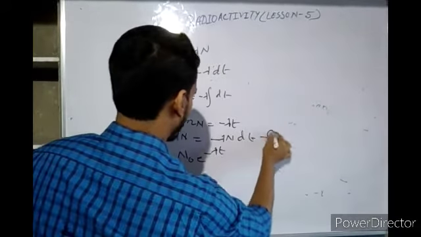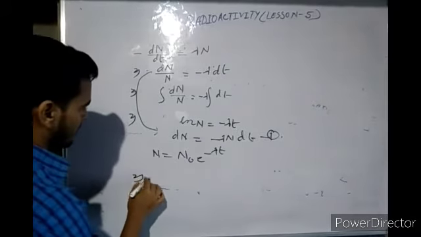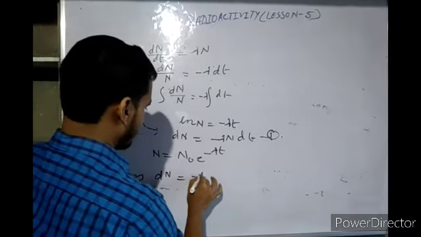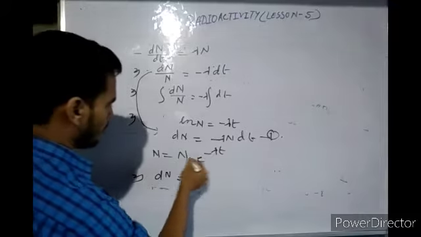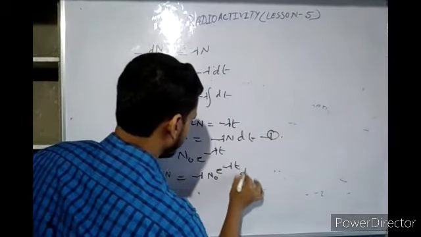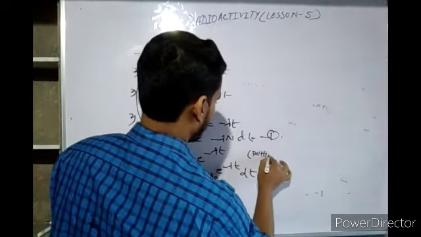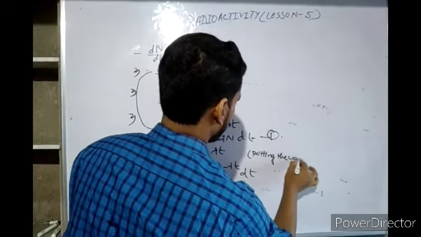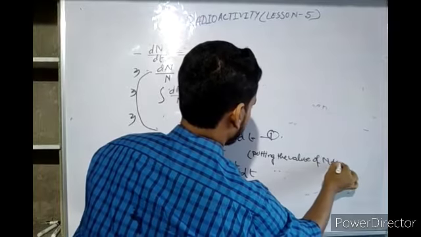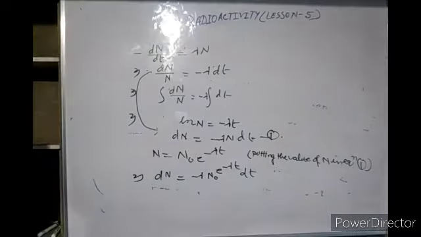Putting the value of N in this equation 1, we get dN equals minus lambda N0 e to the power minus lambda t dt.